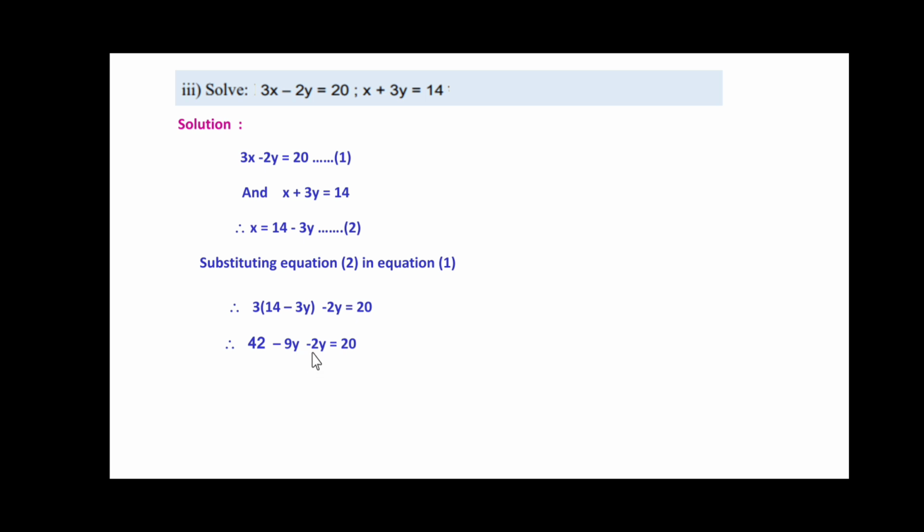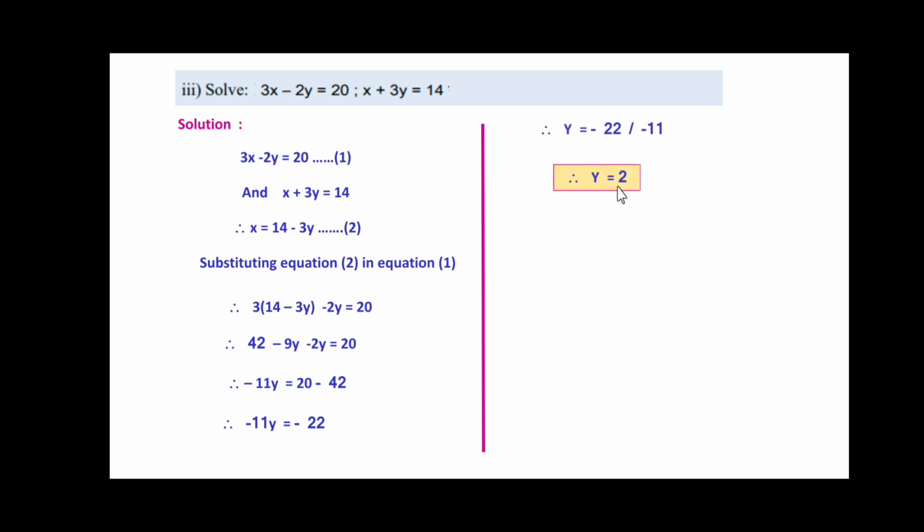Here minus 9y and minus 2y both add, and that gives you minus 11y, and this 42 goes to the right hand side, it will become minus. So 20 minus 42 on the right hand side will be minus 22. So minus 11y is equal to minus 22. Now the next step, y is equal to minus 22 upon minus 11. So y is equal to 2.